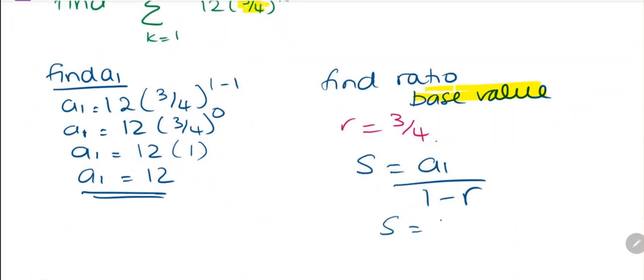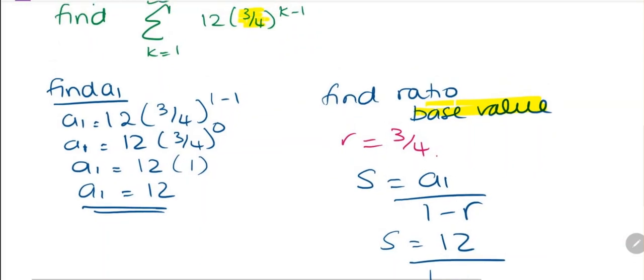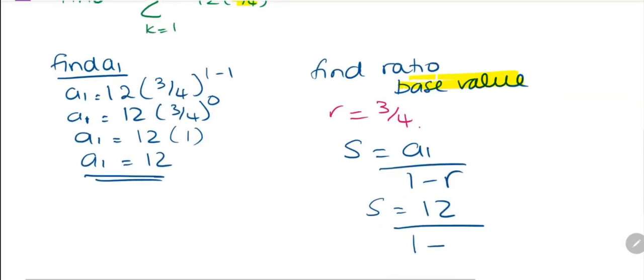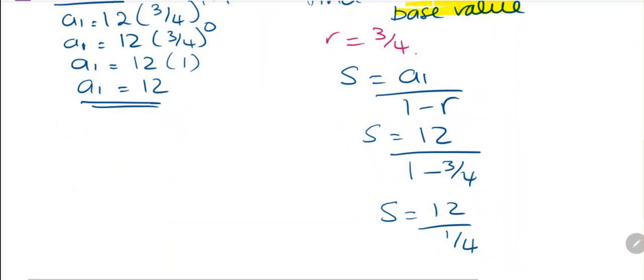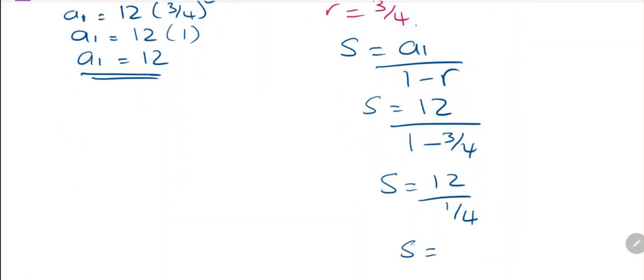And the first value, a1, is 12, and the ratio, 1 minus 3/4. So it's 12 divided by 1/4. And if we divide by 1/4, it's the same as multiplying by 4. So the sum will be 48.